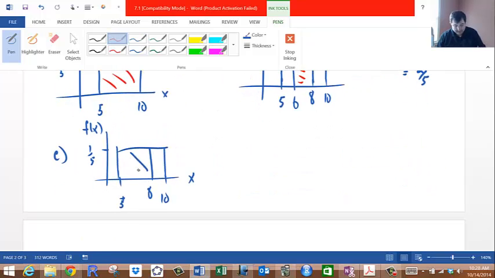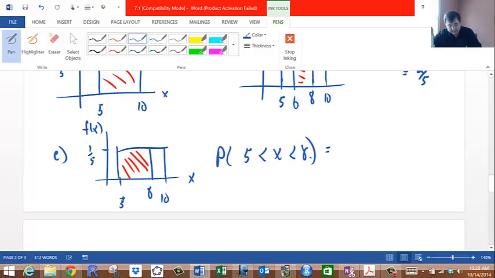So this is the area that we want here. The probability from 5 to 8 is equal to 3 times 1/5, which is 3/5.